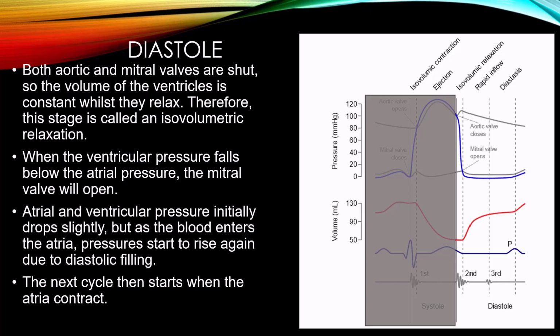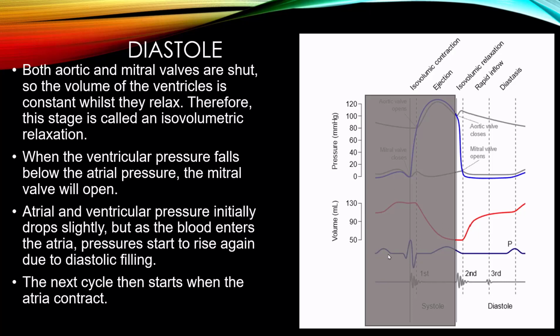The blood is then again pumped into the general circulation. Here you can see that the ventricle is relaxing and the volume is increasing. When the volume reaches its peak, the contraction again starts, and the next cycle begins.